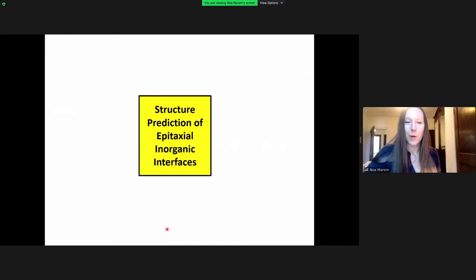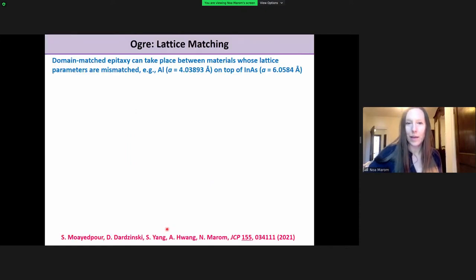So with that said, I'm going to start by telling you about how we predict the structure of epitaxial inorganic interfaces. In many cases, epitaxy is between two materials that are lattice matched, and their lattice parameters are very close. And then the film will just grow continuously on the substrate.